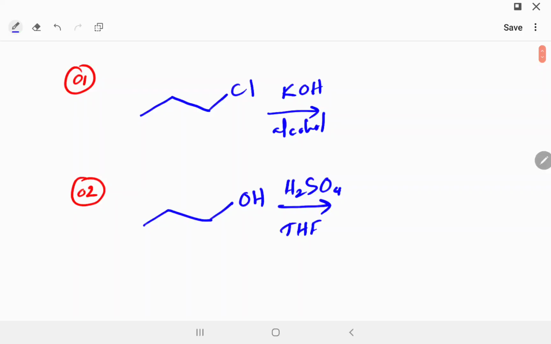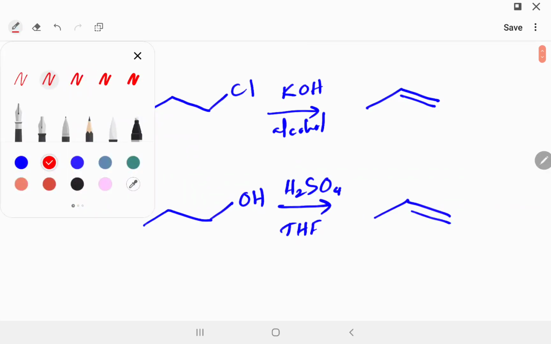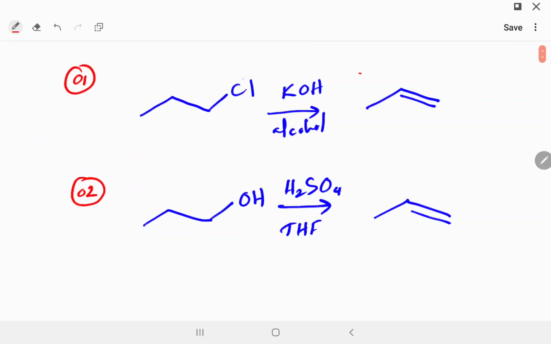And then the first reaction will give you an alkene, and the second reaction will also give you an alkene. You simply remove the chlorine or the OH with a neighboring hydrogen.